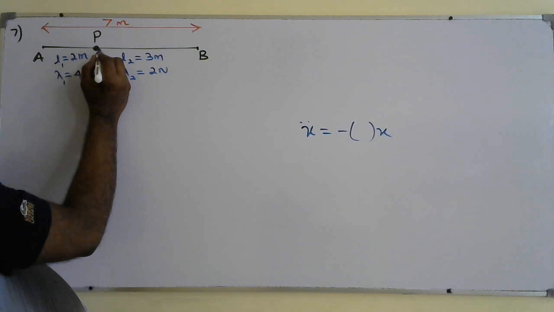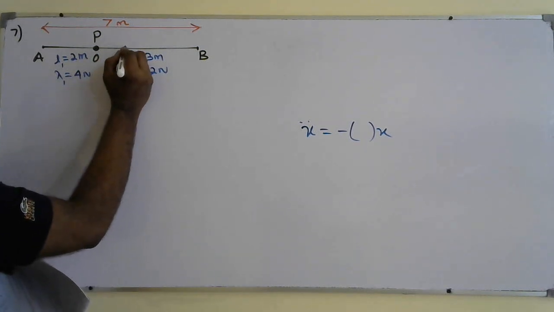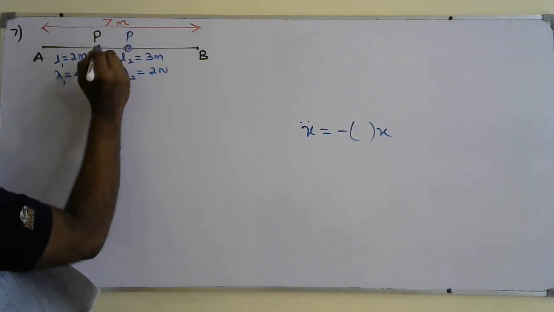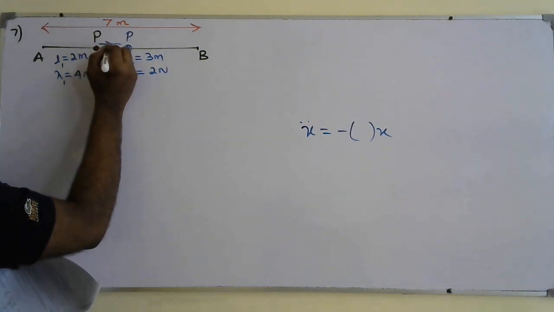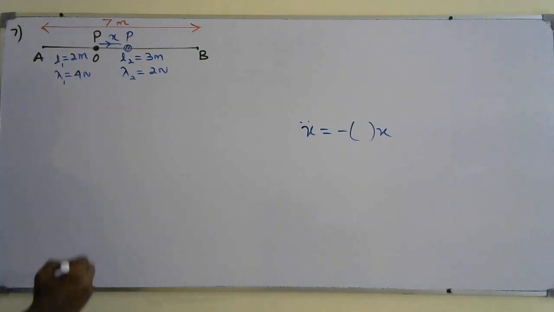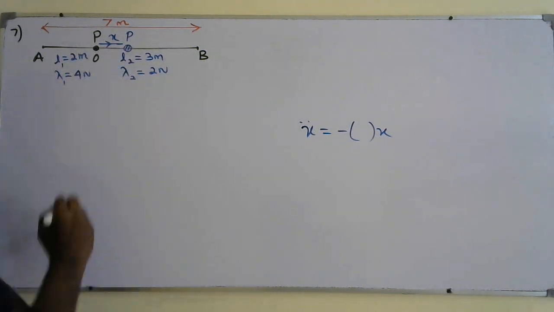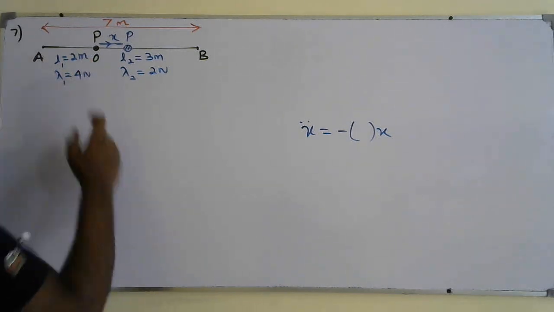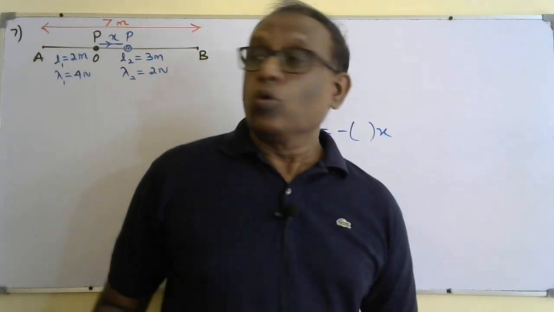During its motion, the particle P has shifted towards right. From here, it has gone to this position. So I'll draw here again. The particle has gone to this side, displacement x from the equilibrium position. So when it moved towards right from O, what will happen? The extension of the left elastic string will increase.